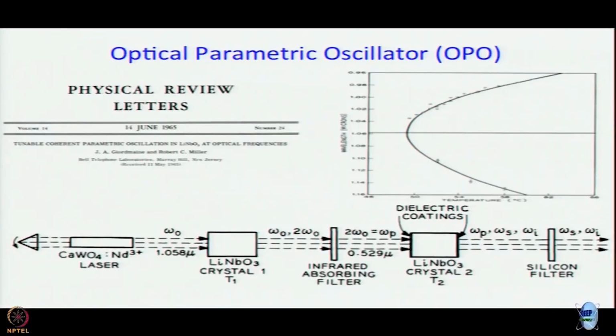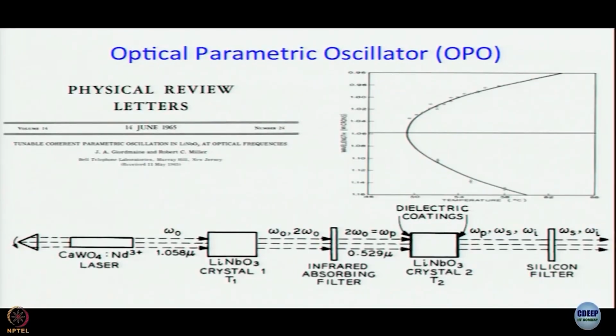So, at all temperatures omega p is the same, while omega s and omega i values vary, with the condition that omega s plus omega i is always equal to omega p, that is 2 omega 0. Next, they had this silicon filter which cuts out visible light, and only omega s and omega i are transmitted.